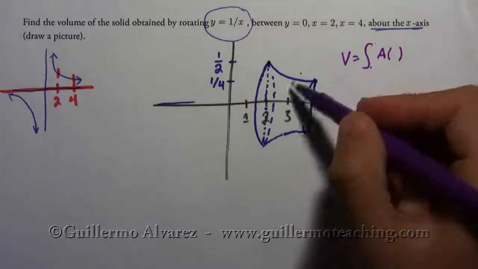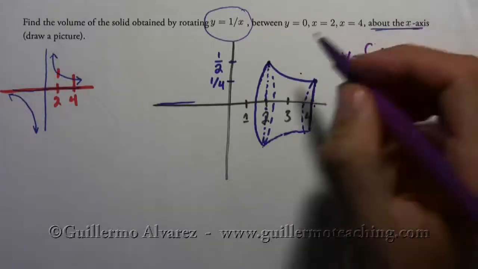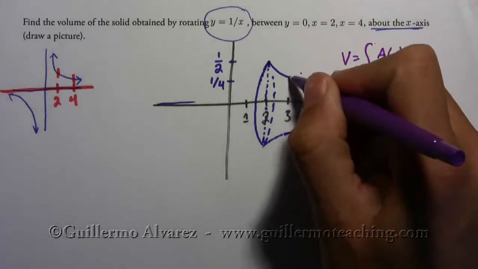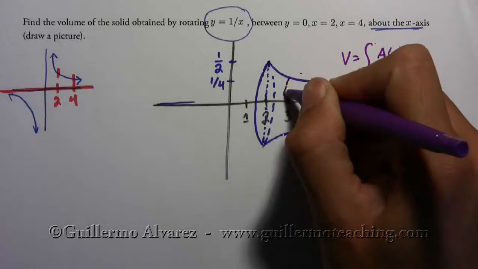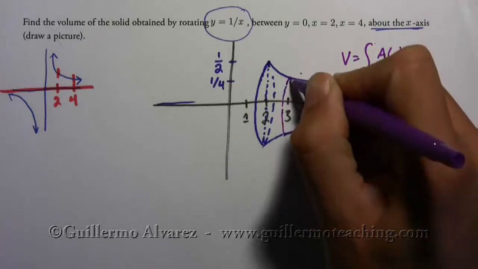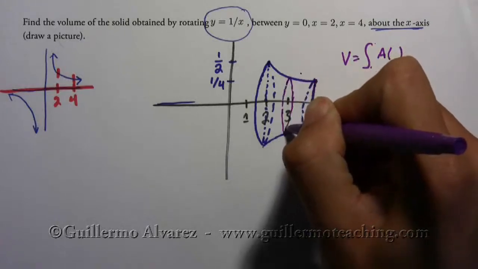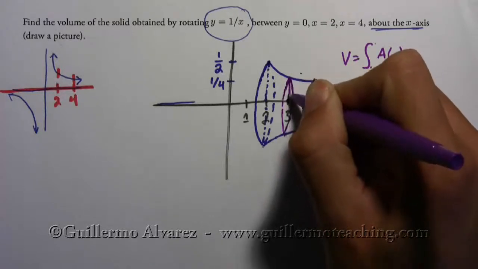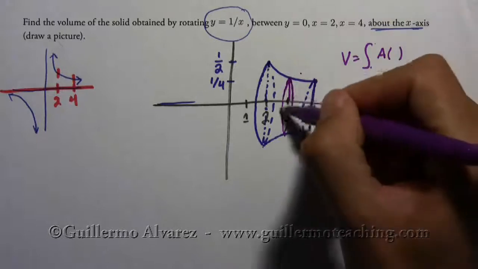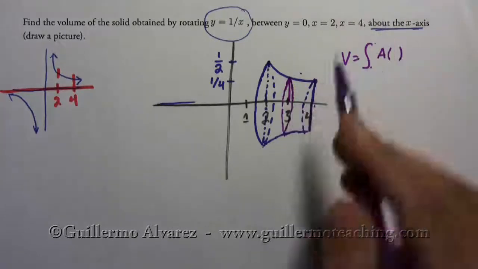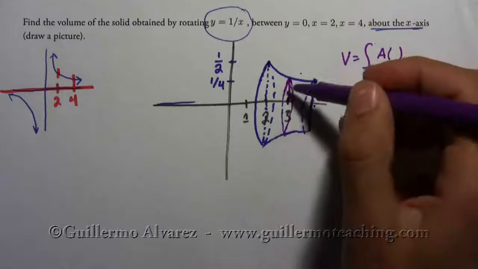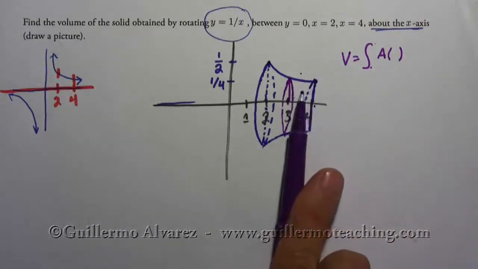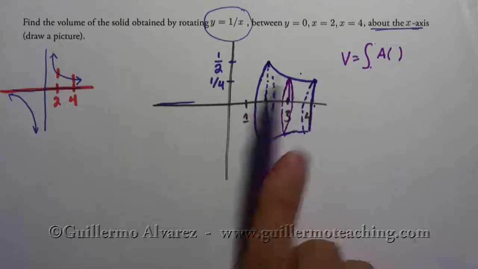This time, the cross section that I would choose would be a circular disc, a little slice right here. This purple disc is perpendicular to the x-axis, so when we integrate, we're going to sweep through in the direction of the x-axis.